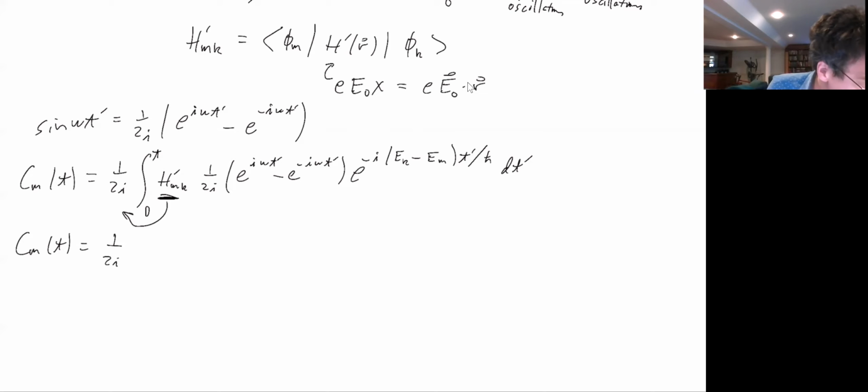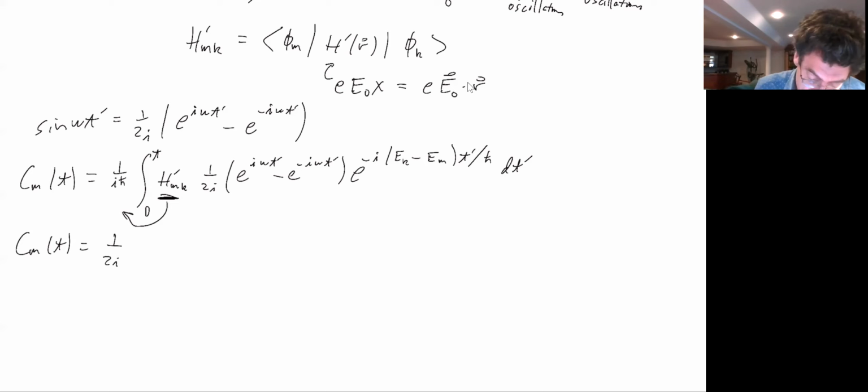Sorry, it looks like I'm missing the factor. Yeah, this is where I made my mistake. This is 1 over i h bar. And so 1 over i h bar.